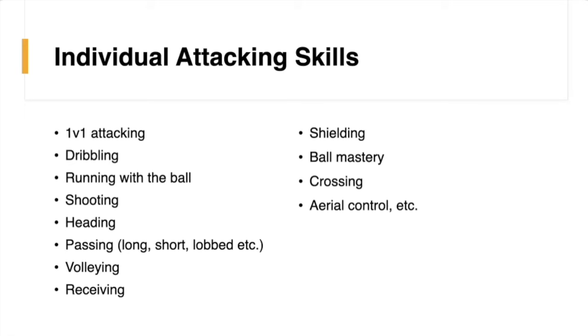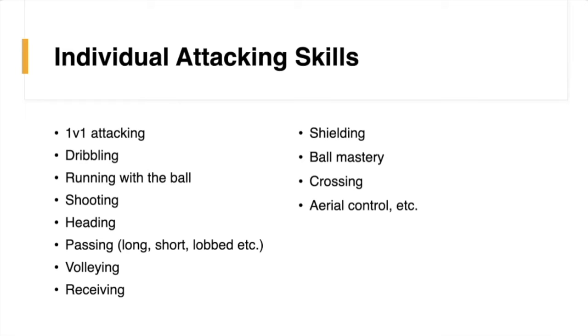Ball at your feet. This is more change of direction, agile movements with the ball at your feet than the next, which is running with the ball. Running with the ball is typically done at speed. If you find yourself in a space that's opened up past the defender, you might look to accelerate and run with the ball.